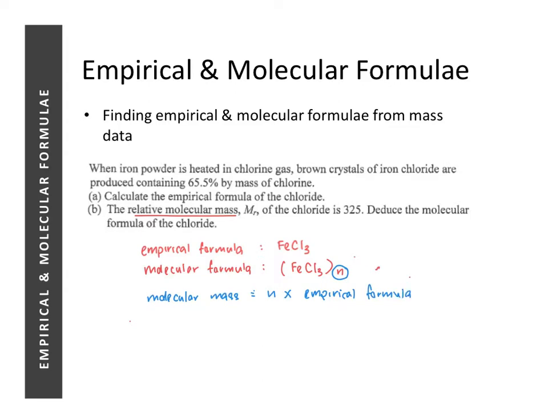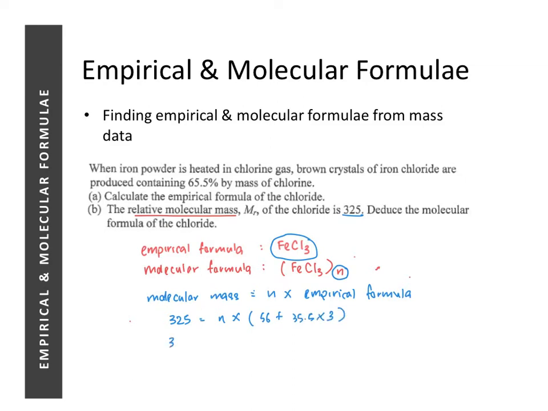The molecular mass is given in the question as 325, which equals n times the mass of your empirical formula, FeCl3. So the mass is 56 plus 35.5 times 3.